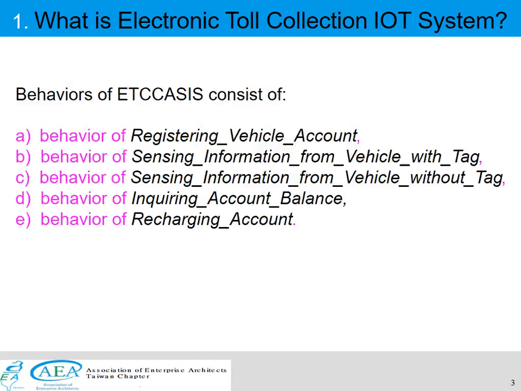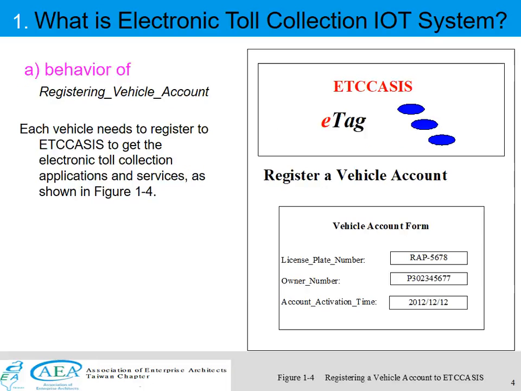Behavior of ETC cases consists of the following 5 behaviors. The first behavior is registering vehicle account. Each vehicle needs to register to the ETC cases system to get this service, as shown in Figure 1-4.